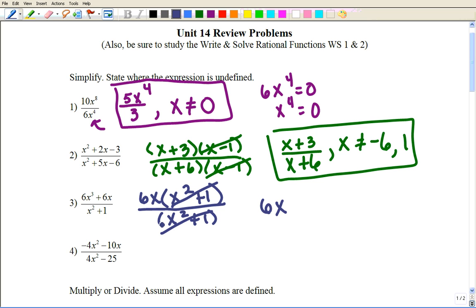Now to figure out where this is undefined, I'll have x squared plus 1 equal to 0. And whenever I solve, I'll get x squared equals negative 1, but when I take that square root, I'd be taking the square root of a negative. Well, that's not a real thing. So if you end up with x equals an imaginary solution, then it will always be defined.